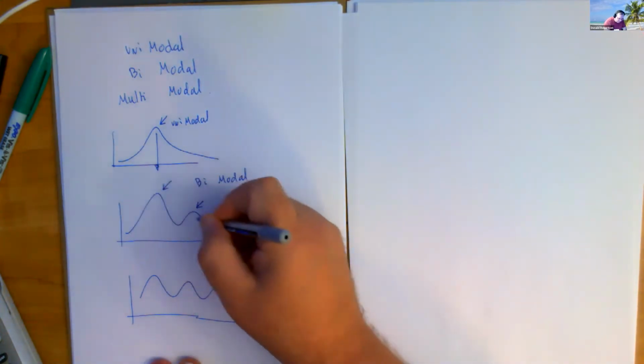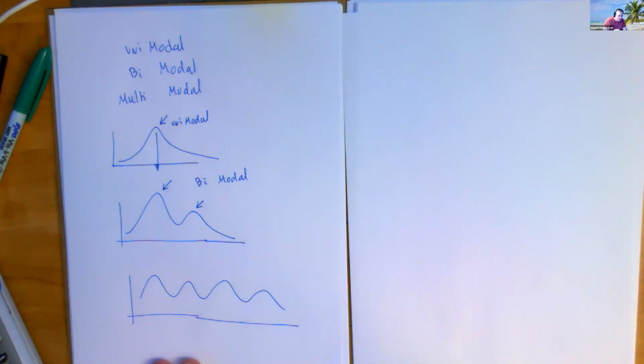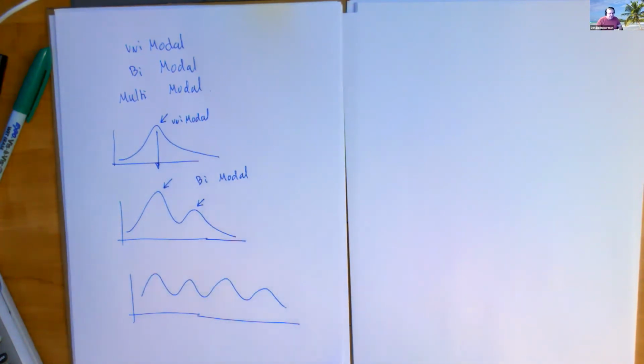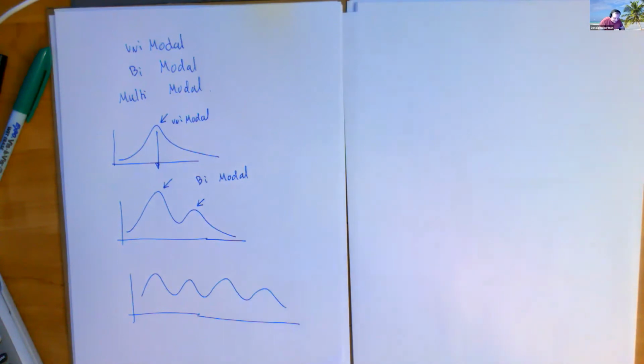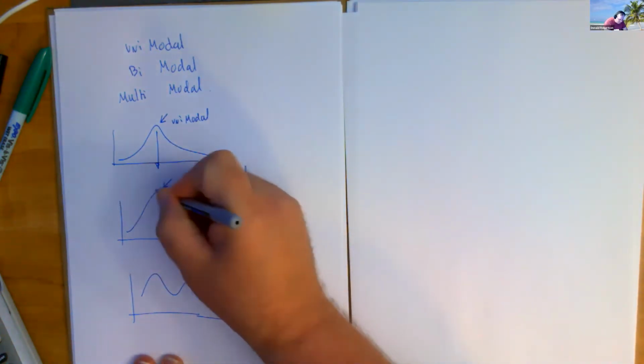Now, if you have 2 hills, bimodal, you can sometimes get that when you collect data from a population that is really made up of a mixture of 2 separate groups. To give an example, if you went and did weights of adults, the men might be here and the women are here.